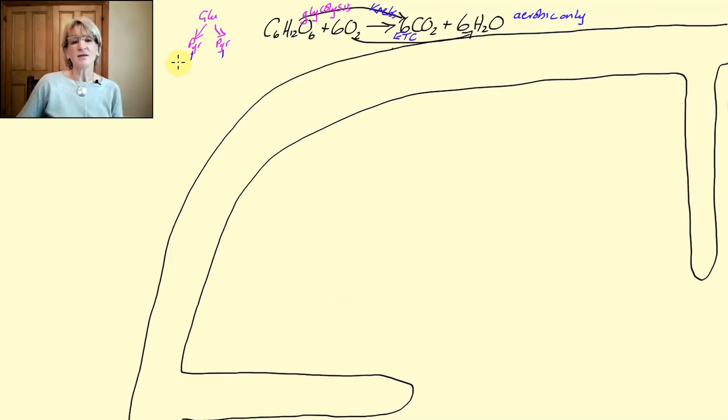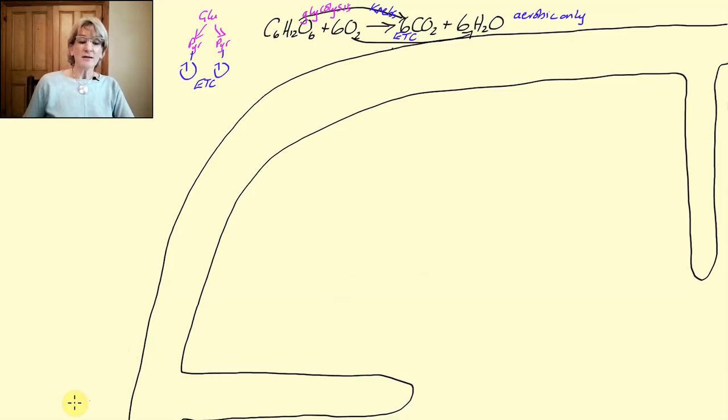And then 2 little lines here for the link reaction, and then we've got 2 Krebs cycle. Note I don't label anything, and then all of the coenzymes, the NADH and the FADH2, is funneled into the electron transport chain. And once again, the blue is denoting the aerobic part of respiration, and the purple is denoting the anaerobic part. Now let's get down to doing some quick labeling of this diagram.